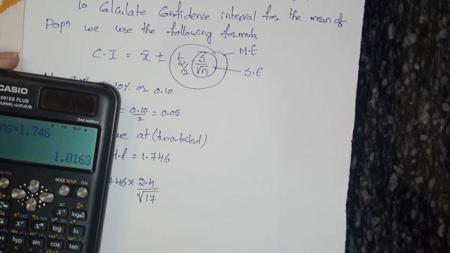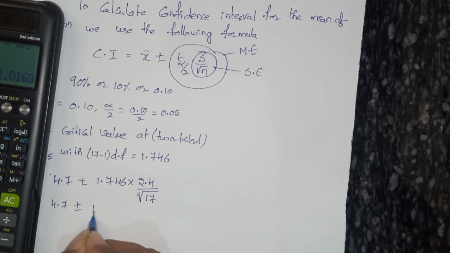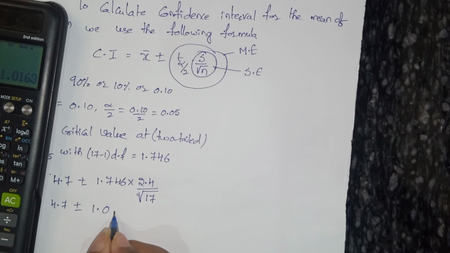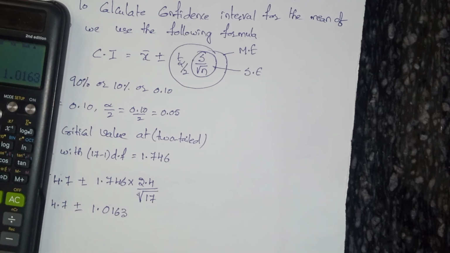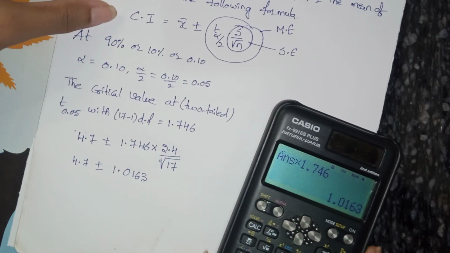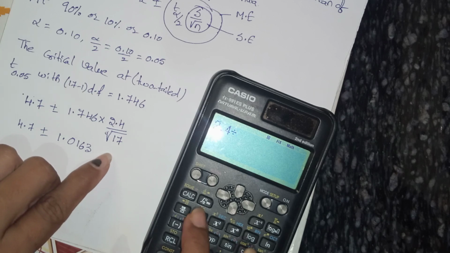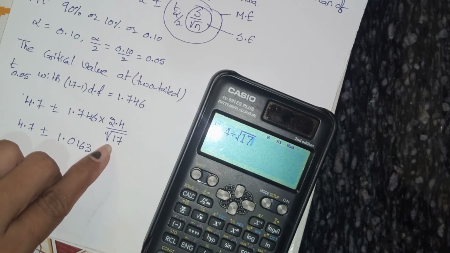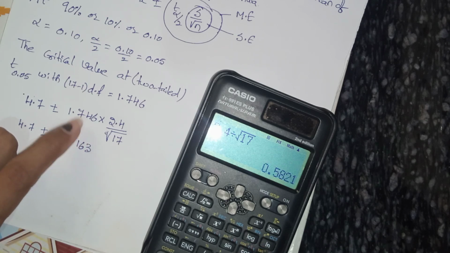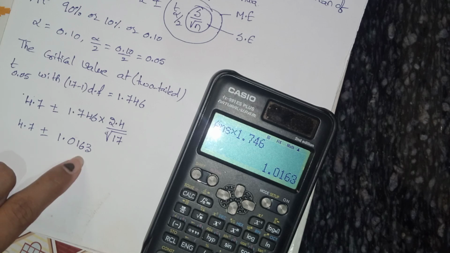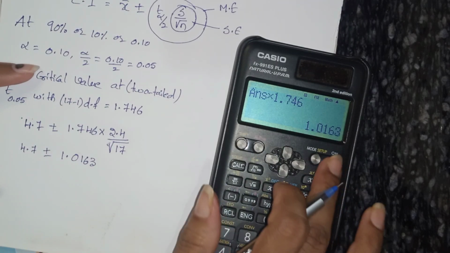That equals how much? 1.0163. Okay, so once we'll check it: 2.4 divided by root 17 is 0.5821, into 1.746. So 1.0163.